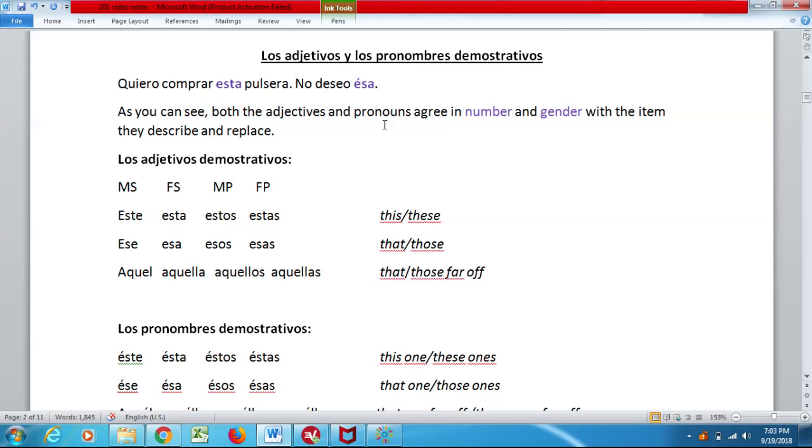And if you recall, both the demonstrative adjectives and pronouns need to agree in number and gender with the item that they describe or replace in the case of a pronoun. These are our demonstrative adjectives, and they're divided by the masculine singular, feminine singular, masculine plural, and feminine plural.